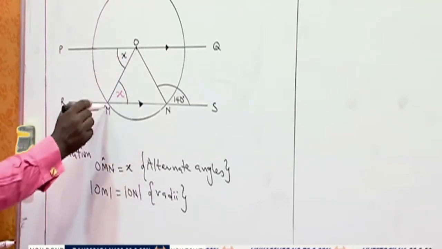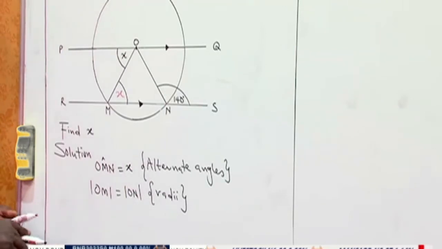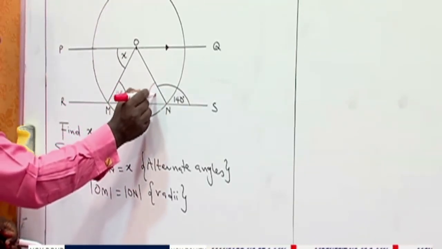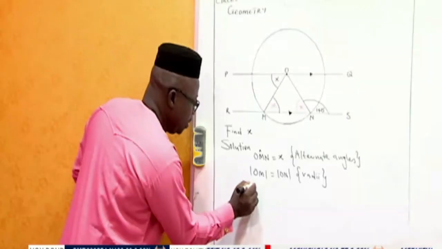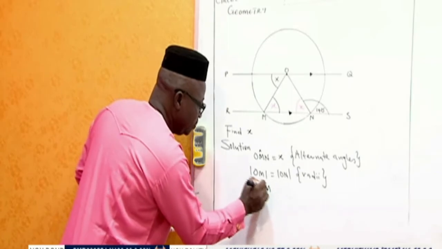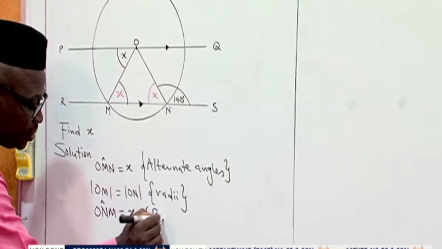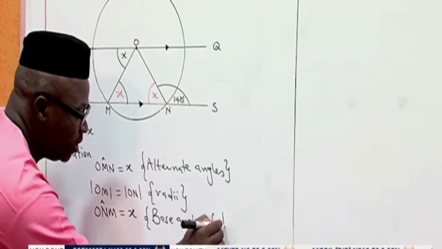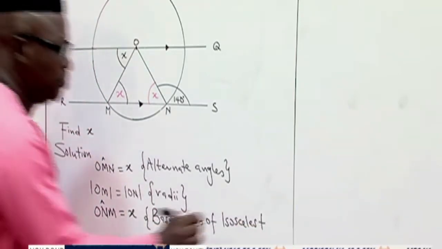So if this length is equal to this length, it shows we have an isosceles triangle. So if this particular base angle is x, this one too must be x. So I'm going to put that one down. ONM is going to be x. The reason for that, base angles of isosceles triangle.